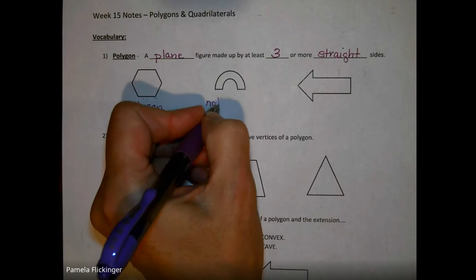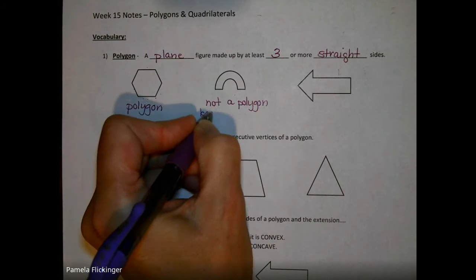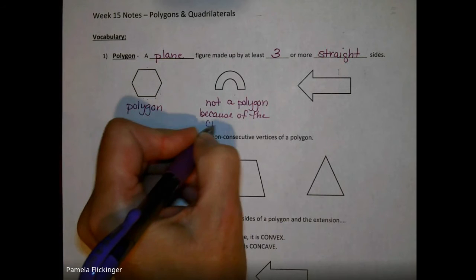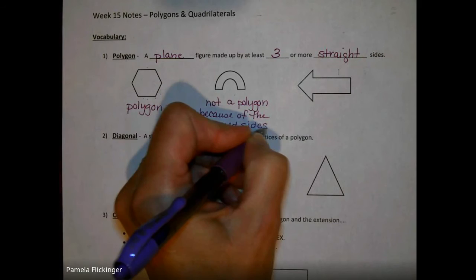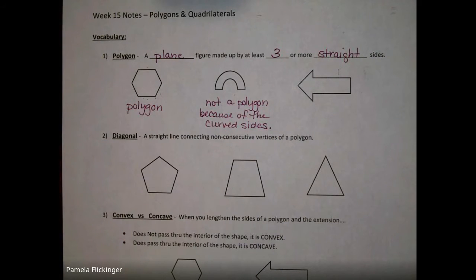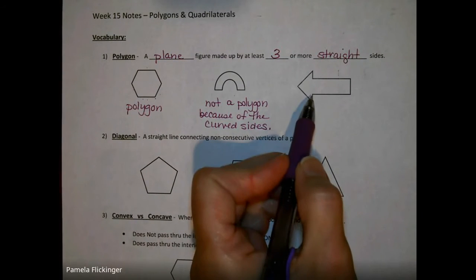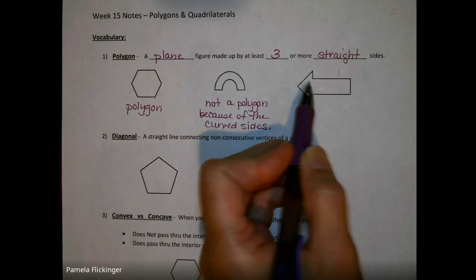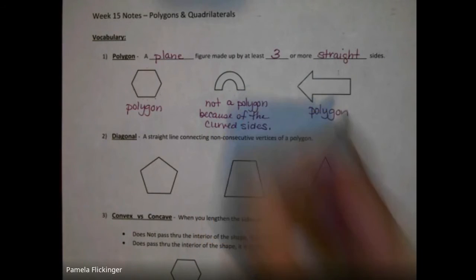So this is not a polygon, because of the curved sides. All right, or you could tell me because the sides are not straight. The third figure, all right, it's flat, it's got more than 3 sides, but all the sides are indeed straight. So this also is a polygon.